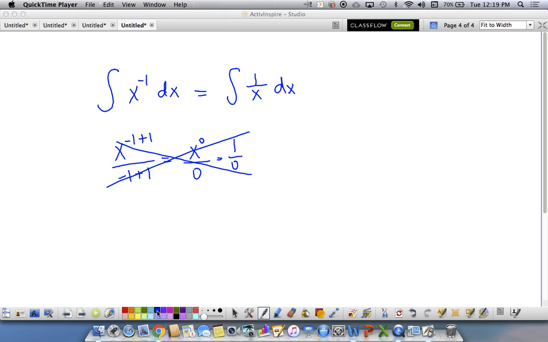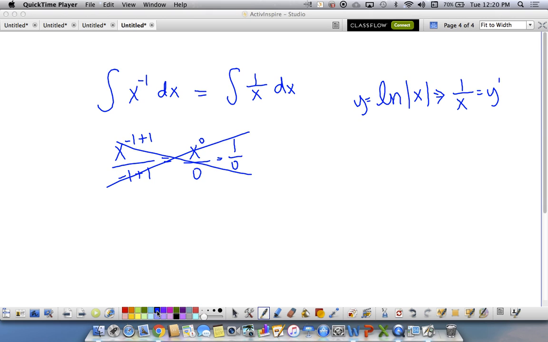It's been a while since we've looked at that. Natural log of the absolute value of x is simply 1 over x. If y equals natural log x, then y prime is 1 over x. So the derivative of natural log x is 1 over x.